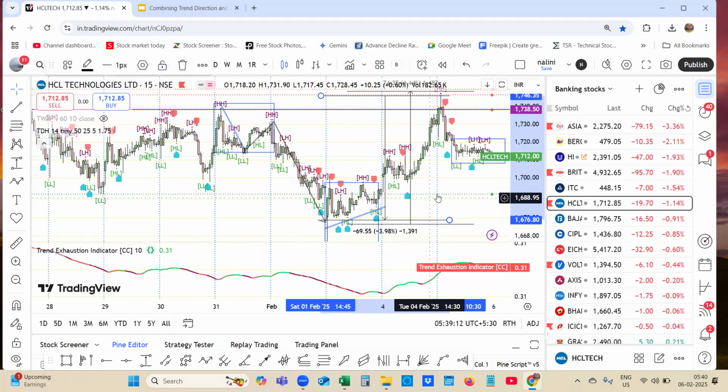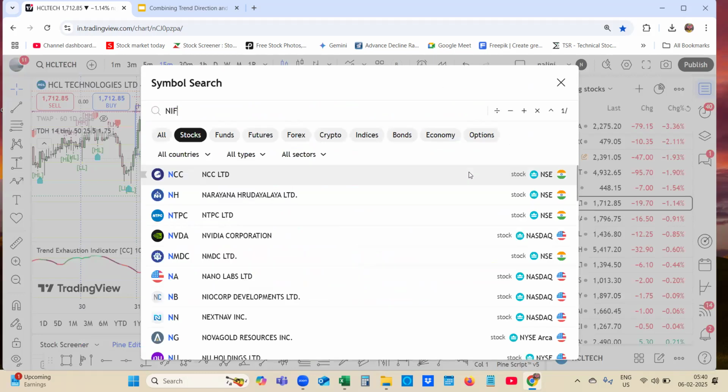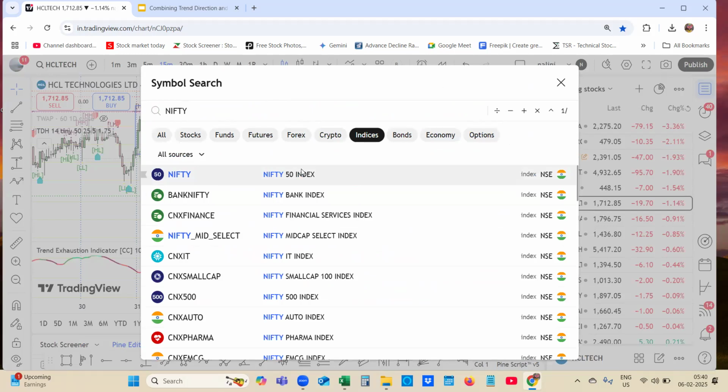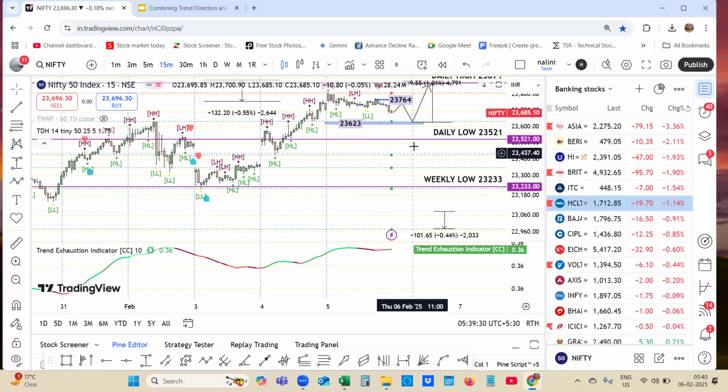Yes, 4%. This is how, with the help of this indicator, an amateur can trade. Let us go to the Nifty. Whether it helps us or not, we'll see.